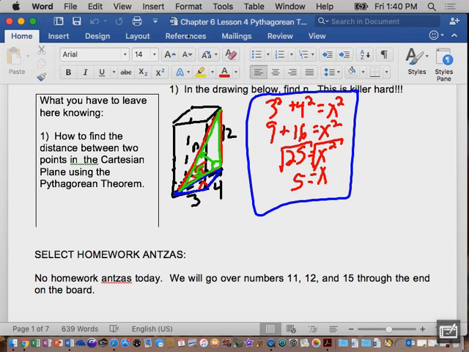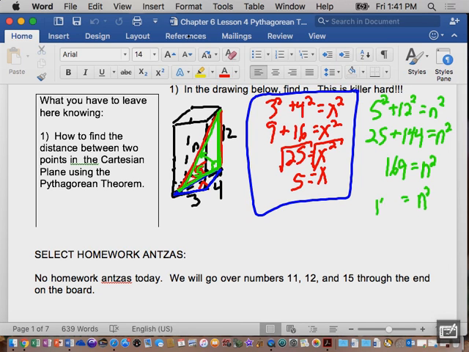We're going to call that n. This length here is 12, and this length we just found was 5. So leg squared plus leg squared is the hypotenuse squared, which is n squared. 5 squared is 25, 12 squared is 144, 25 plus 144 is 169, equals n squared.